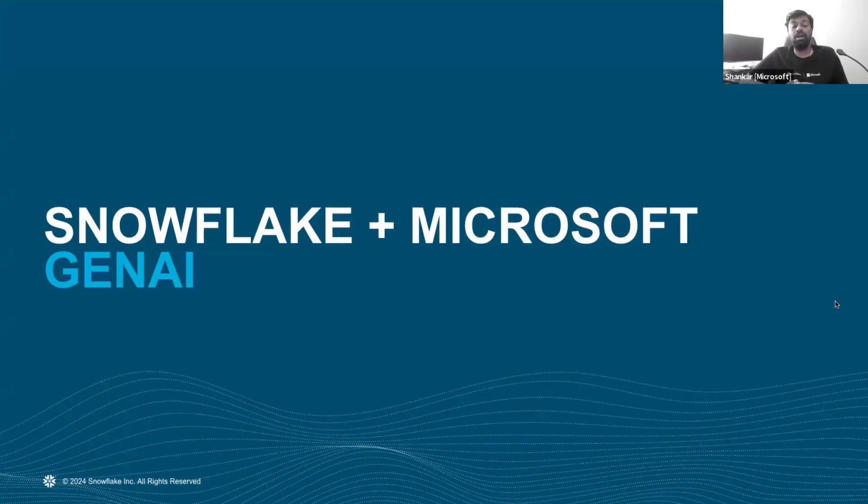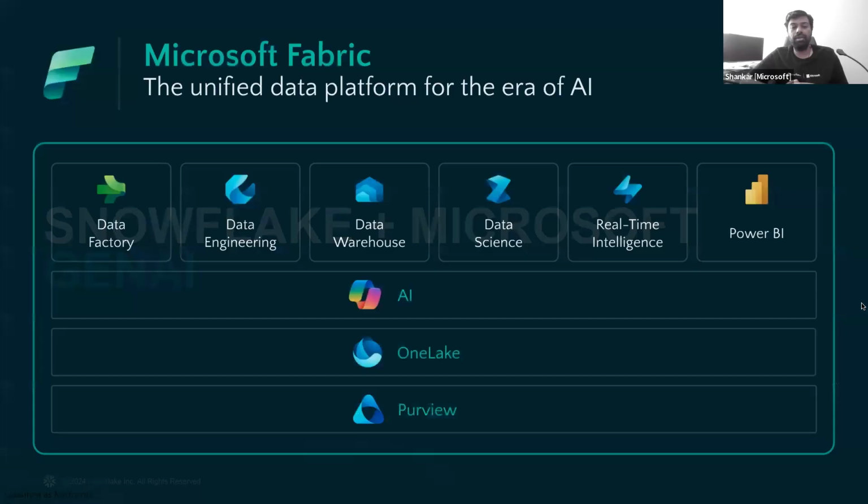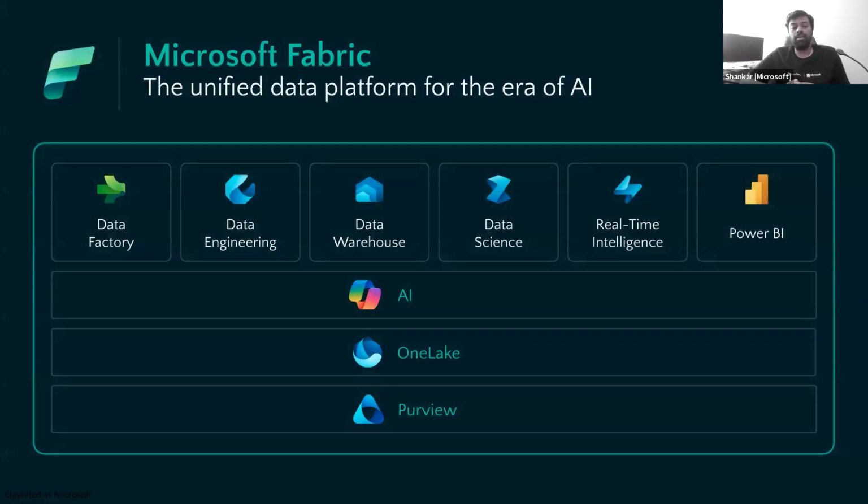In terms of Snowflake and Microsoft GenAI, next slide, please. We have Microsoft Fabric, which is the all-in-one unified data platform for the era of AI. Fabric is powered by OneLake, which is a single source of truth for all your data assets in different sizes and formats. On top of it is Copilot, which integrates natively across all of those stacks.